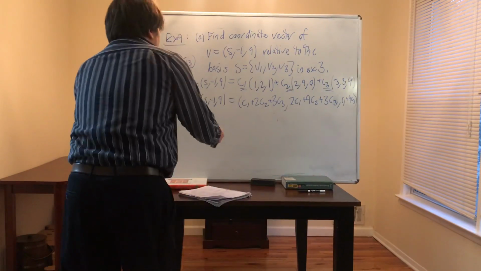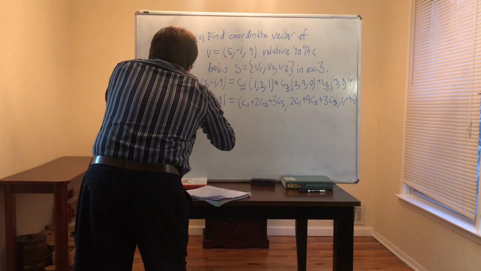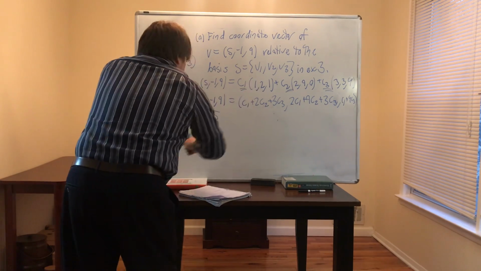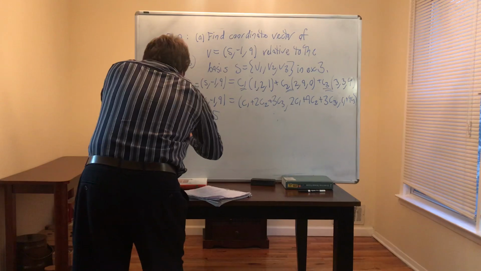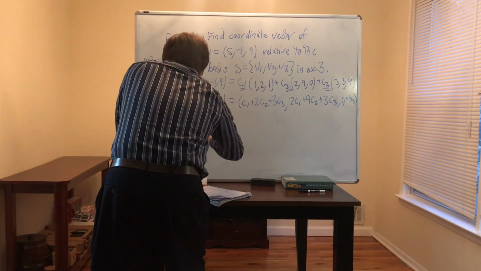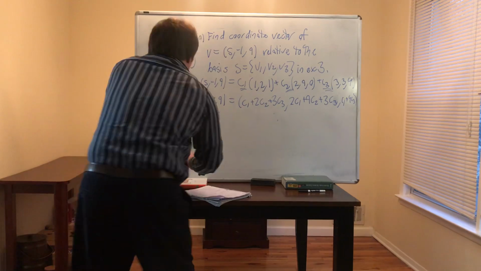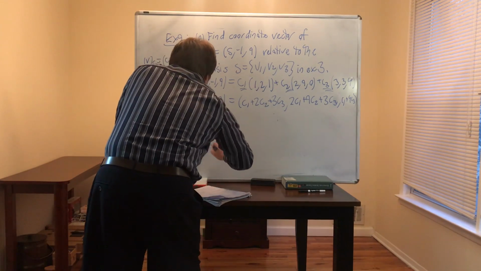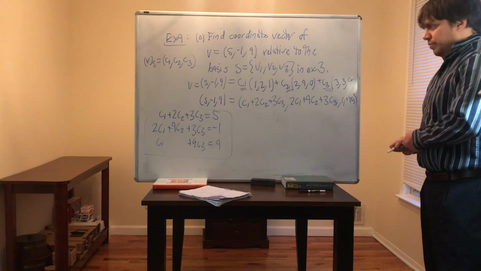Correspondingly, you get a linear system. C1 + 2C2 + 3C3 = 5, and I'm just going to write this out here. C1 + 4C3 = 9. So here's your linear system.